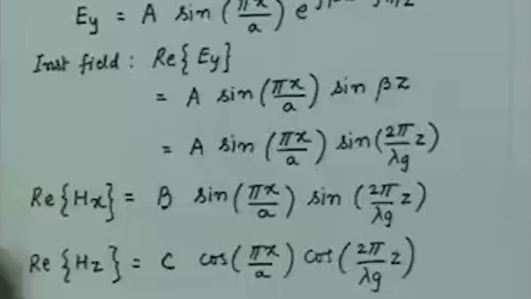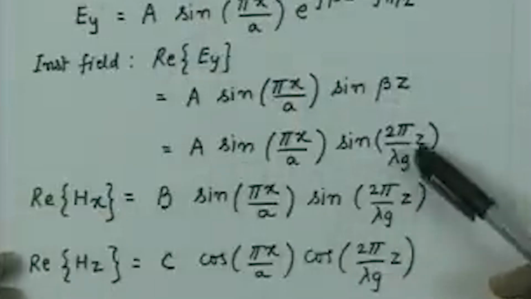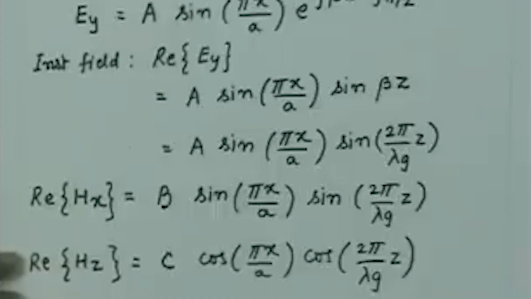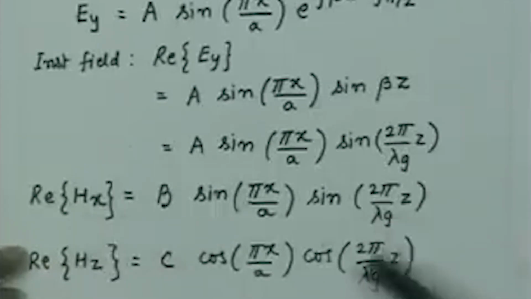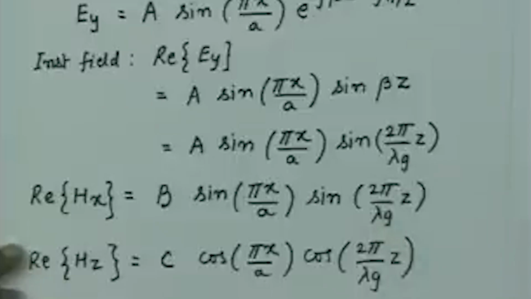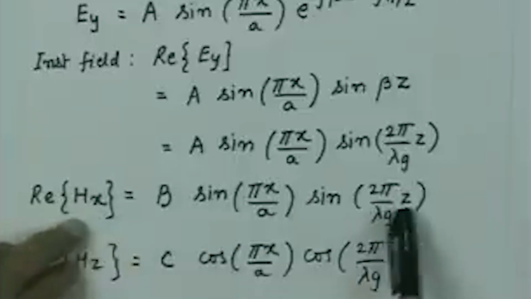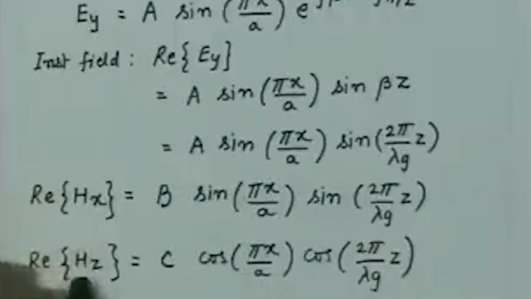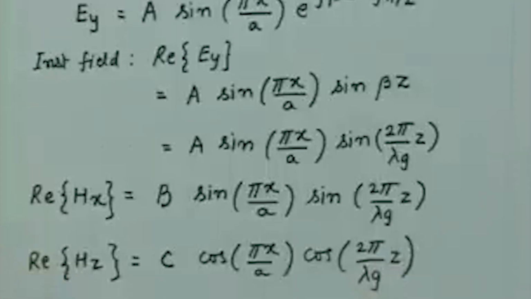So, these are the fields which are now, if I freeze time and if I take that t equal to 0, then at that instant the field along the waveguide will be given by this expression. So, in the z direction, as we can see, the fields are sinusoidal with a spatial period, which is lambda g. However, these two are in quadrature, that means wherever H x is maximum, the H z is 0, and wherever H z is maximum, H x will be 0.